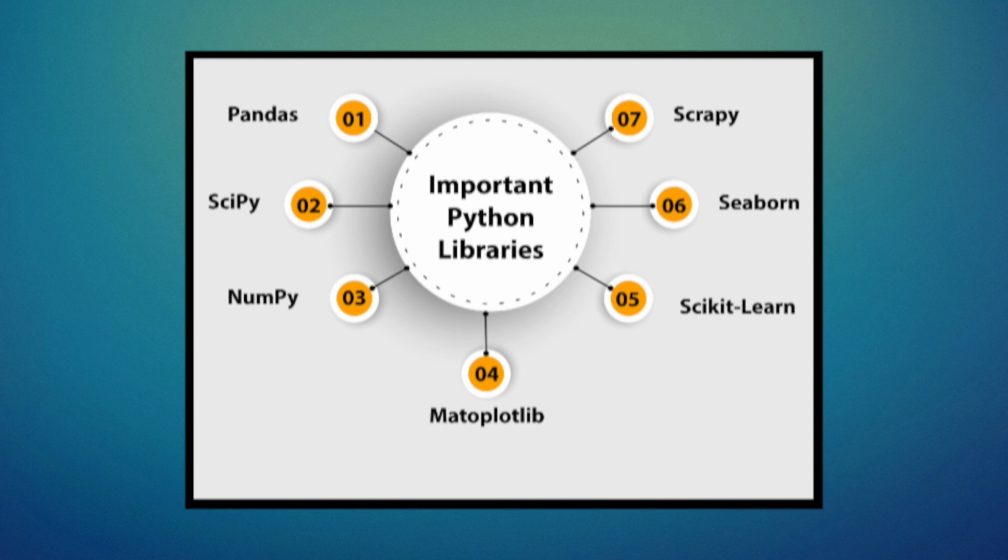Here are some libraries like Pandas, SciPy, NumPy, Matplotlib, Seaborn, Scikit-learn. All these libraries have their own significance to produce real kinds of applications. These libraries are specifically used to implement our problems and get them solved by examples.